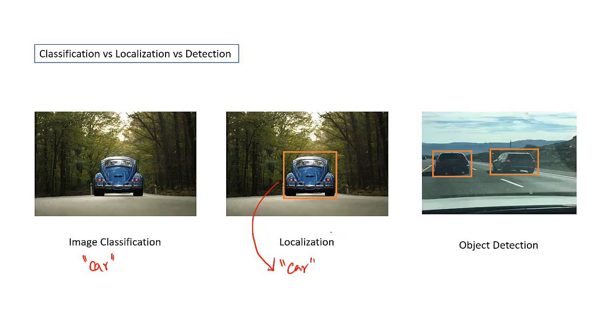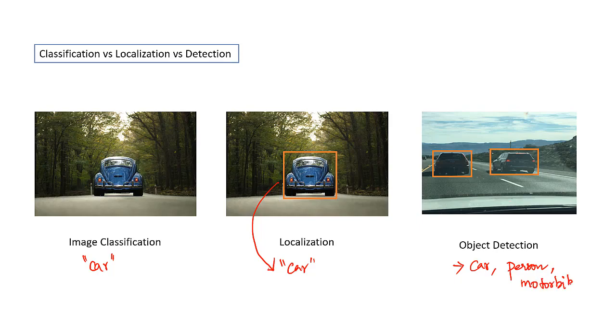And to talk about object detection, object detection is nothing but having multiple objects inside a single image, and we also do the localization. Image classification and localization generally have one object inside them, whereas object detection has multiple objects. So object detection can predict cars, persons inside the image, and any other vehicles like motorbikes.